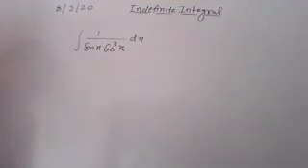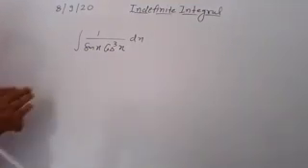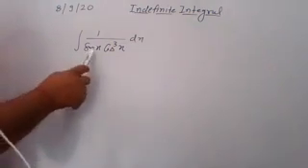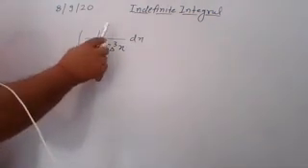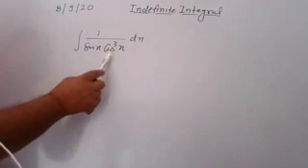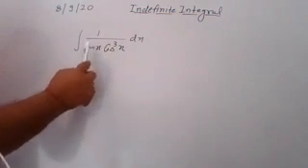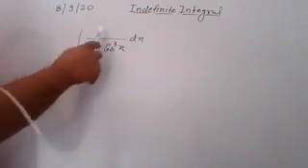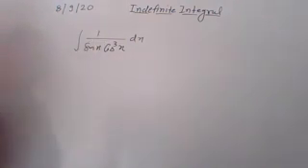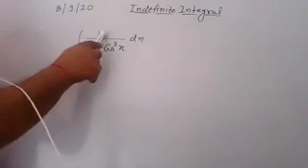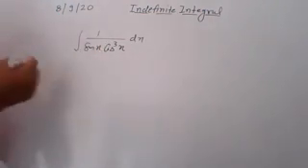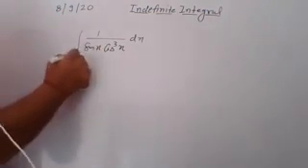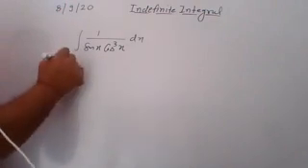So in that case you have to divide numerator and denominator by cos to the power 4x. If you divide by cos to the power 4x, you can write it also.